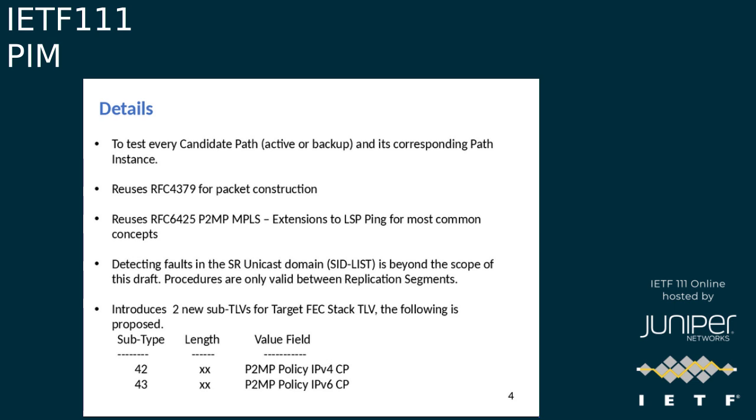So we try to reuse a bunch of RFCs that are out there. Obviously, RFC 4379, just for the packet construction. And then there is RFC 6425, which is the MPLS extensions. That RFC is for both LDP and point-to-multipoint RSVP-TE.